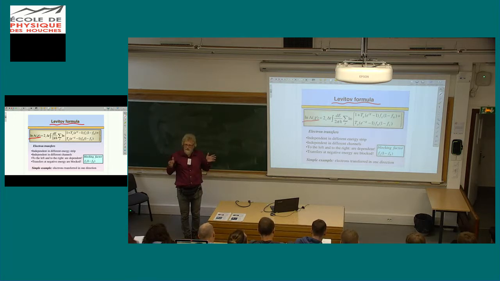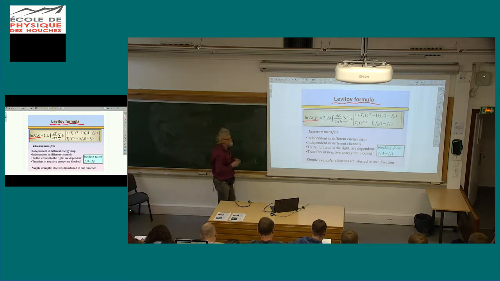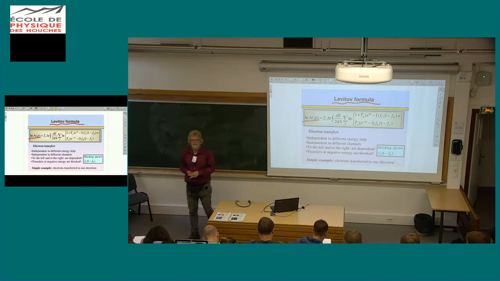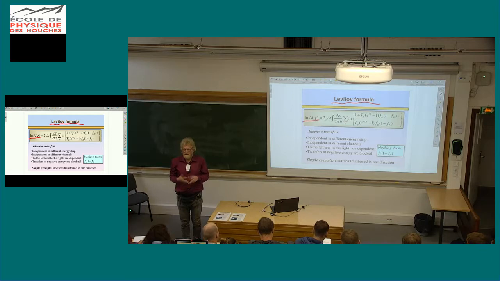It means that spins are transferred independently. We have an integral over energies, which means that electron transfers at different energies are independent. We have a sum over transmission channels. Again, it means that electron transfers in different transmission channels are independent. That's all fine.